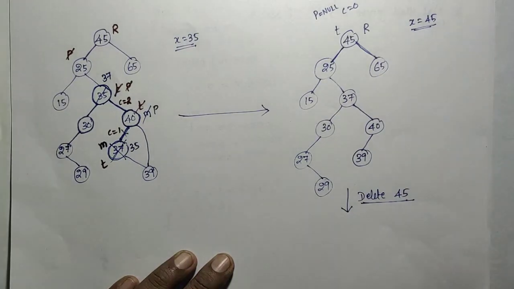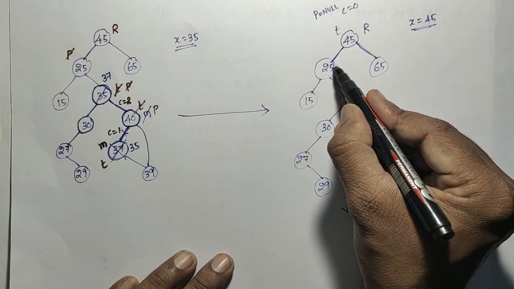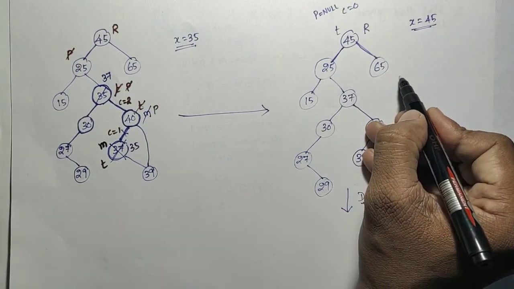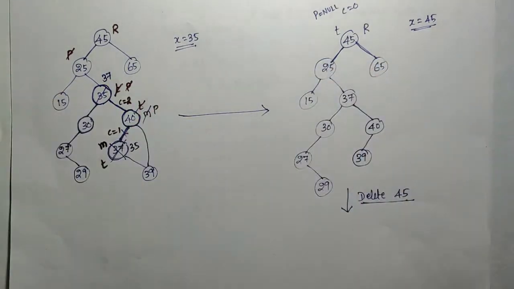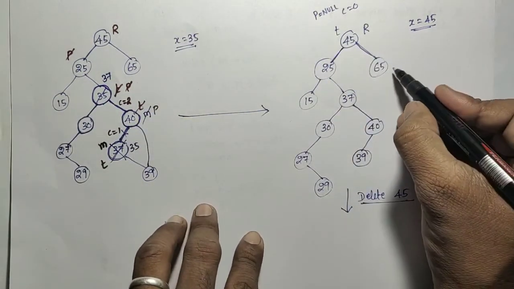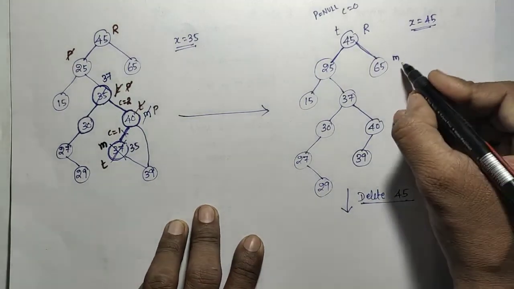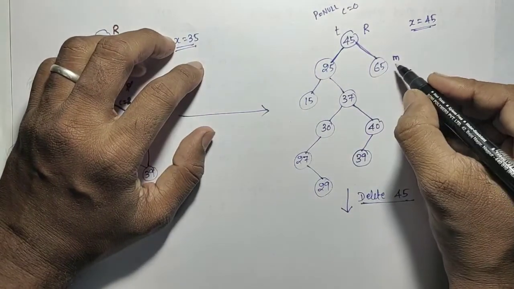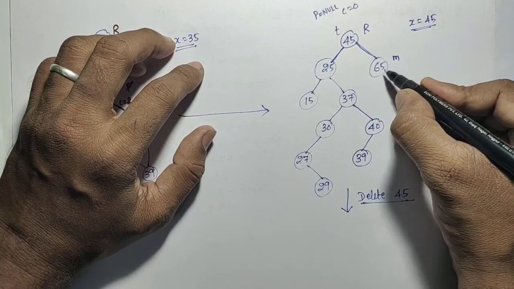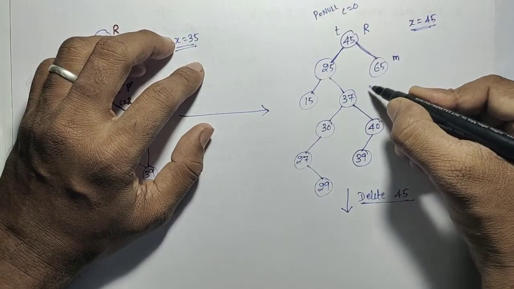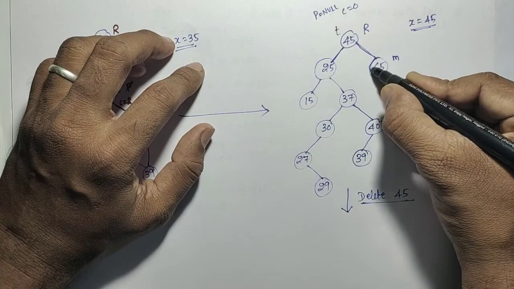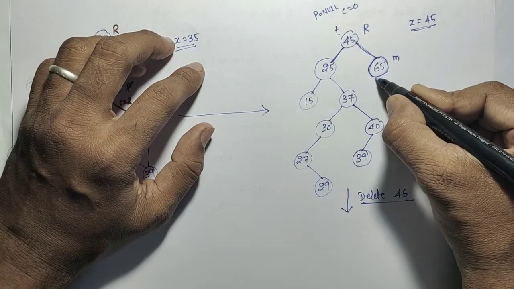So that is case 3. Case 3 means it is having both left subtree and right subtree. As per our algorithm, we have considered only the right subtree. So right subtree means this, and this will become m. The mth leftmost node will be searched. The leftmost node means current m of the left itself is null.